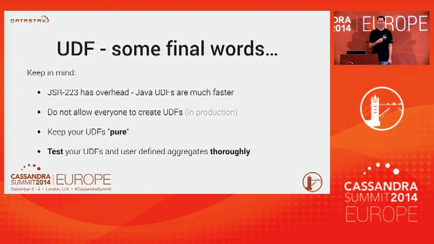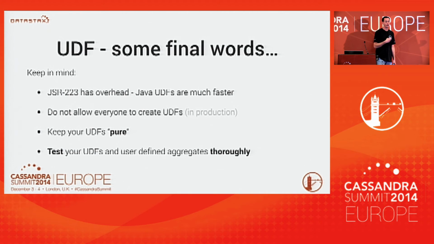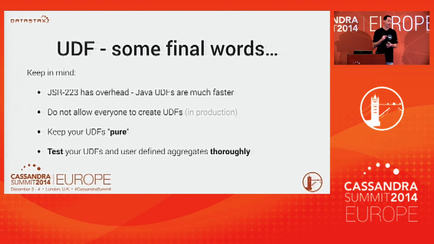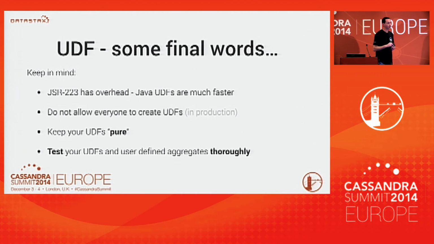During some tests, I found out that the overhead just to execute, for example, a JavaScript, is about 1,000 times slower than Java. Keep that in mind. I would strongly recommend just to use Java, plain Java.